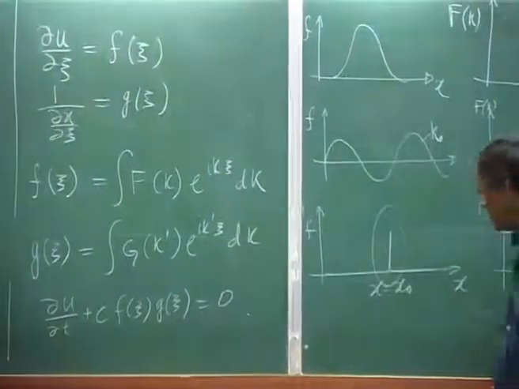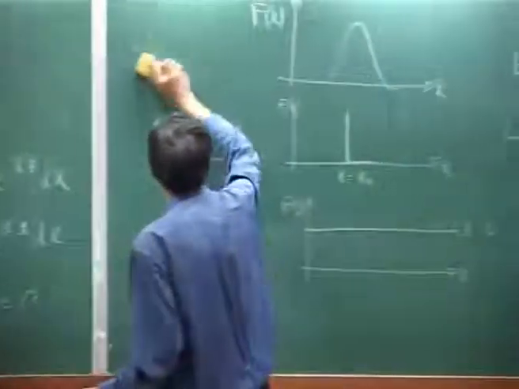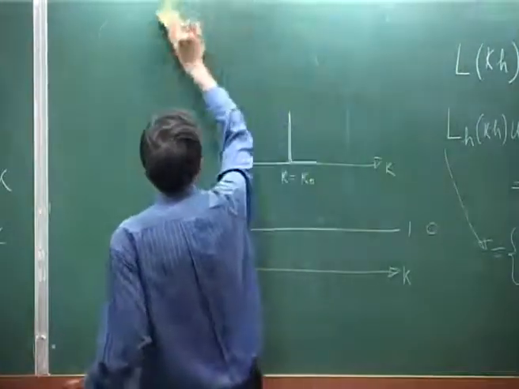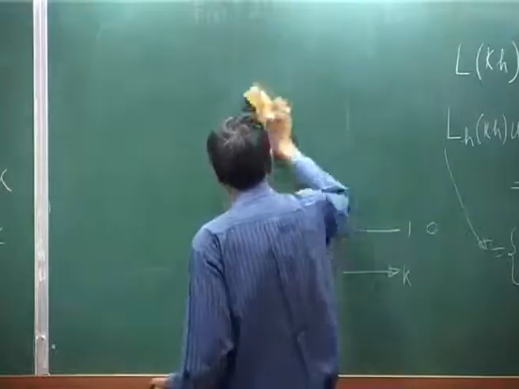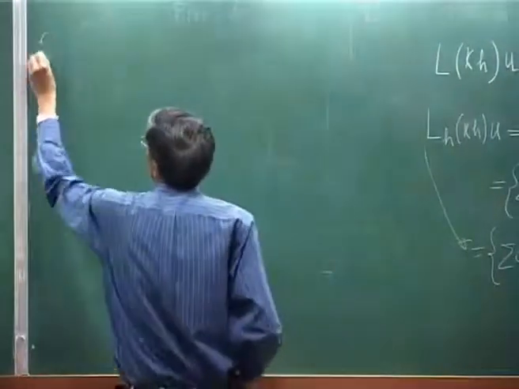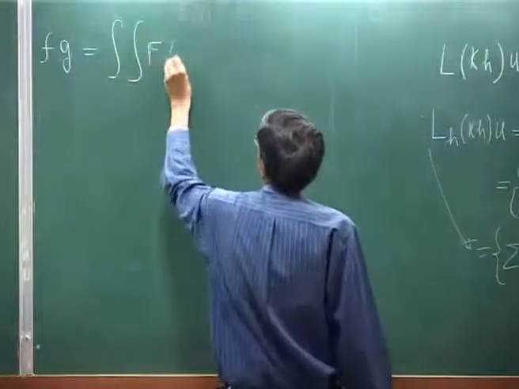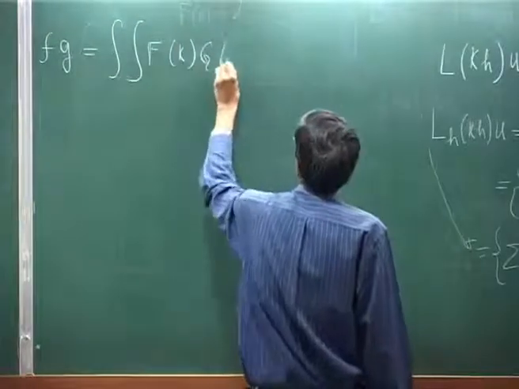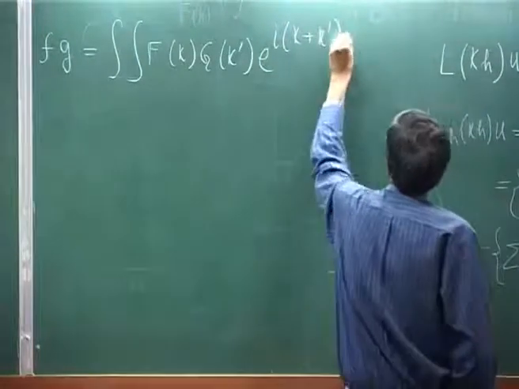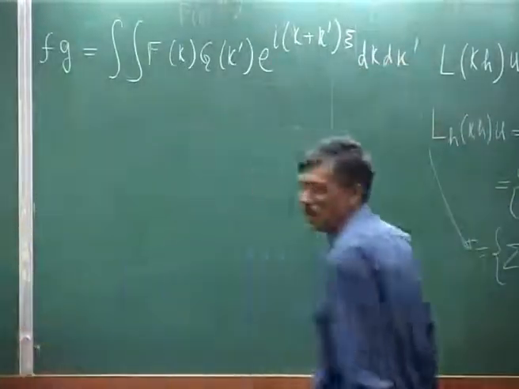Right. Now, what happens? This is where we actually get into a bit of a problem now. Now, if I am trying to estimate f times g, right.